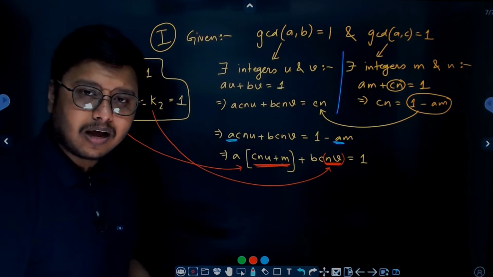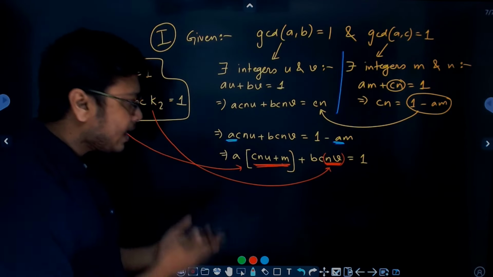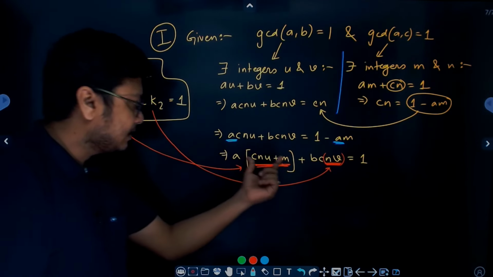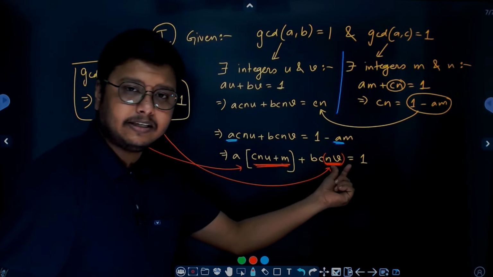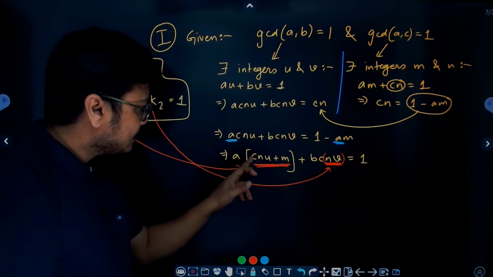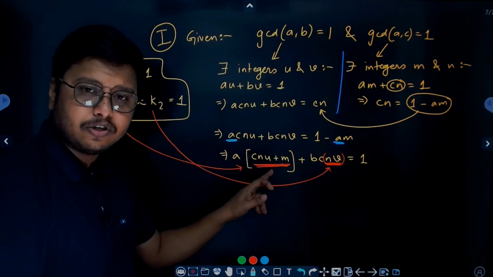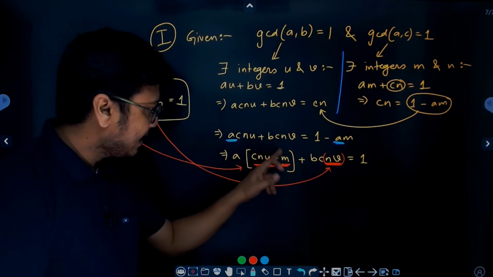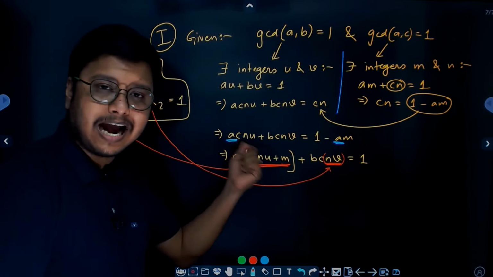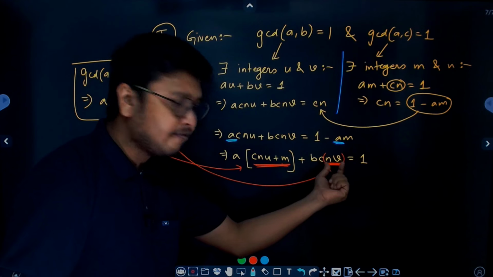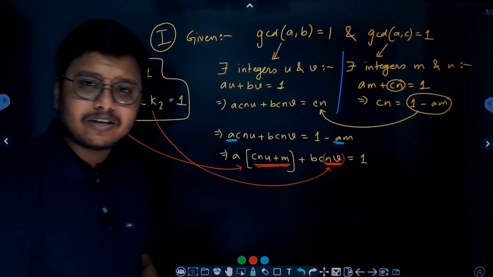So we have got our required thing. All I need to do right now is claim that this is an integer and this is an integer. That's quite obvious. C, N, U are integers, so their multiplication is an integer. M is an integer, so eventually the addition is an integer. And N and V are again integers, so the entire things are integers.